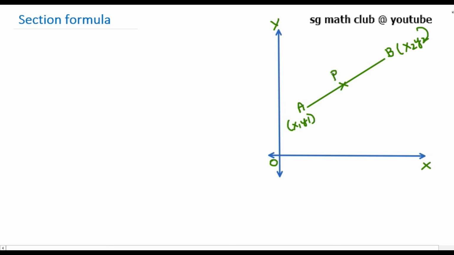This is the point P. Let the coordinates of P be x, y. It is dividing this AB internally in the ratio m1:m2.